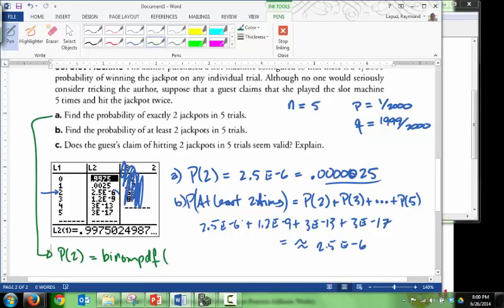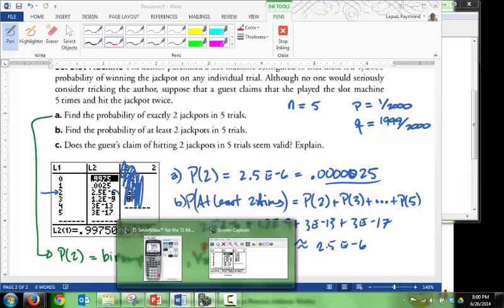But if I put the n and the p, and then I put one more number in there, that would be my x, then this is going to give me exactly one probability. So again, this is your n, this is your p, and this is your x. So I would have to do that not on the list, but probably on the home screen.